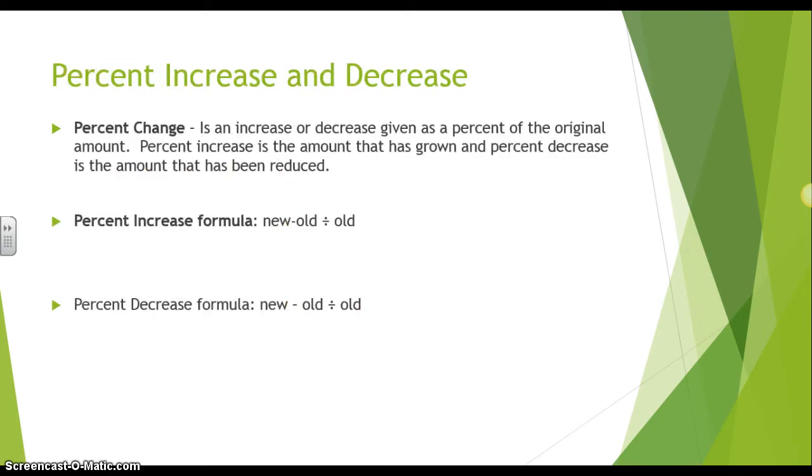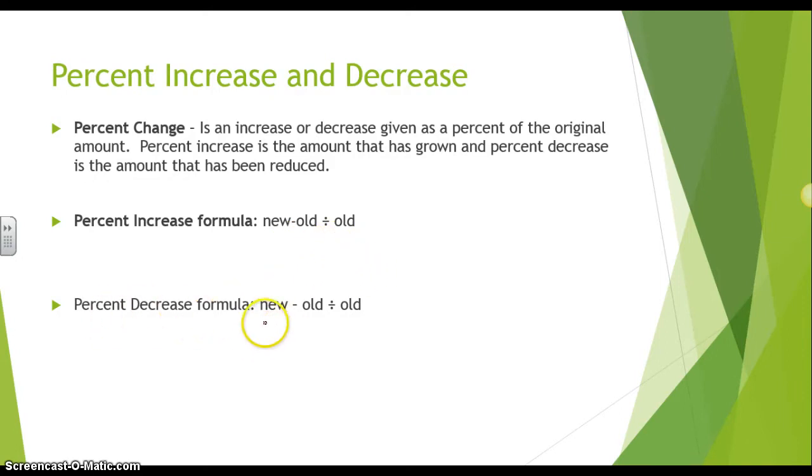The next thing we're going to talk about is percent change, and this is an increase or decrease given as a percent of the original amount. Percent increase is the amount that has grown, and percent decrease is the amount that has been reduced. So for the percent increase formula, think of new minus old divided by old.